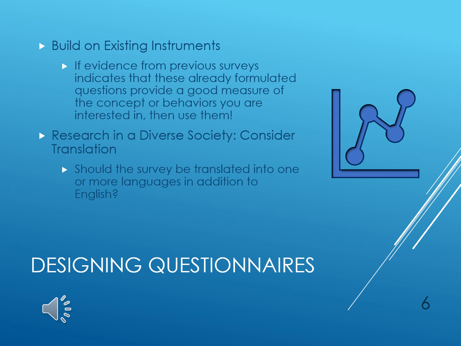So should the survey be translated into multiple languages in addition to just English, or how many variations do we need if it's a culturally diverse population that you're looking for? You must ensure that the concepts you're measuring have equivalents in different cultures. This can be a very challenging part of designing surveys when you're looking at cross-cultural studies.